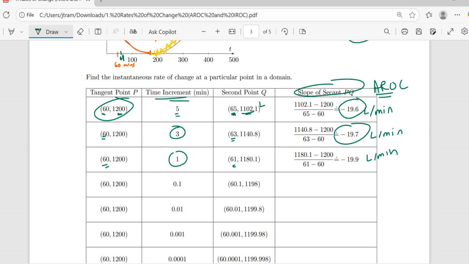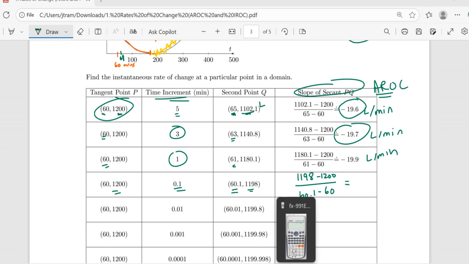Now we can go from 60 to 60.1, which in this case will give us 1198, so y2 minus y1 divided by 60.1 minus 60. Now let's take out our calculator.